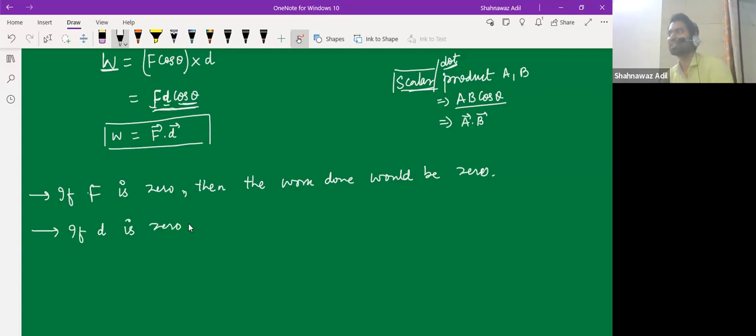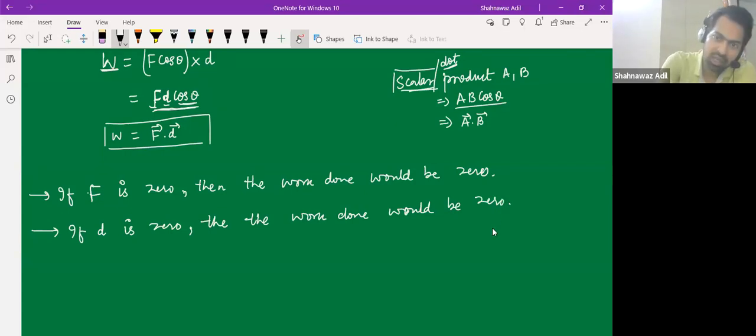Let's say you are applying some force on the wall, and you are not able to move the wall. You are applying force, but you cannot move the wall, so that means you are not doing any work. Understood? So if D is zero, then the work done would be zero.